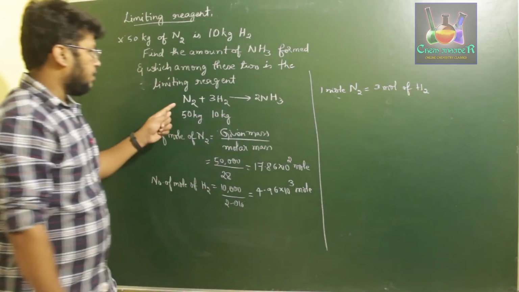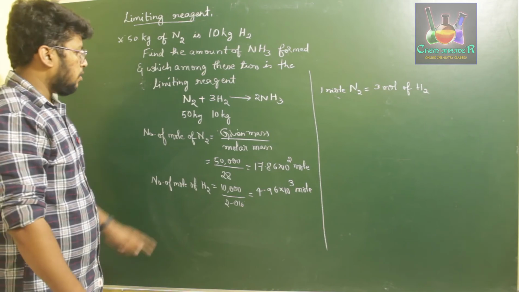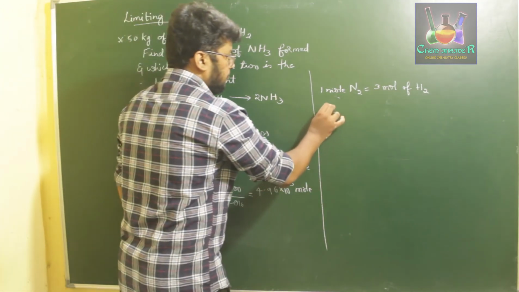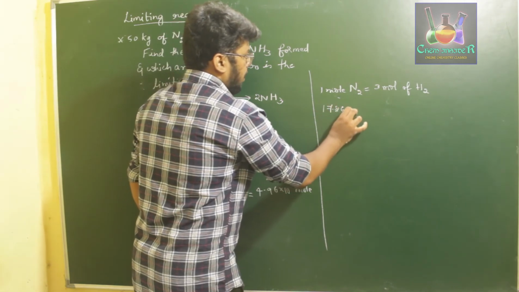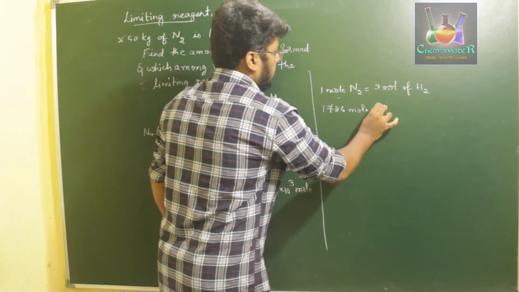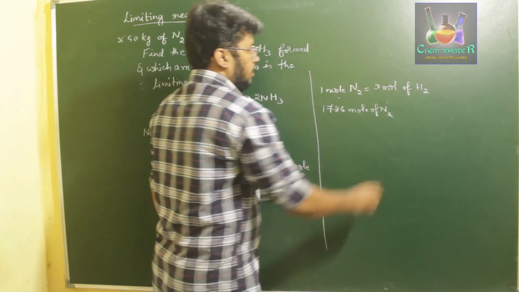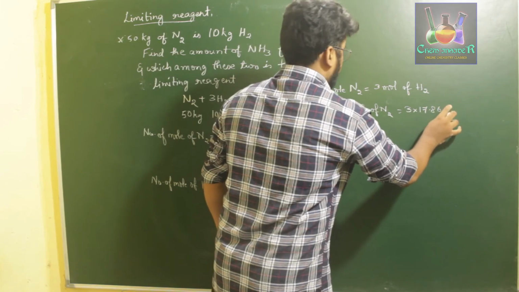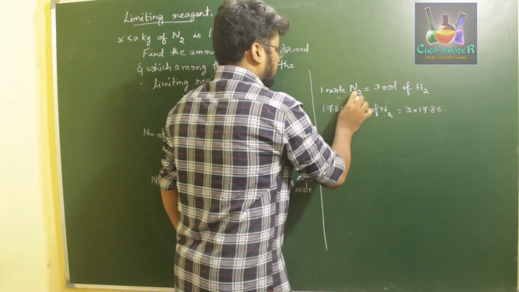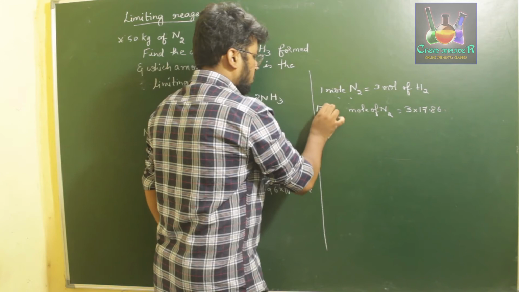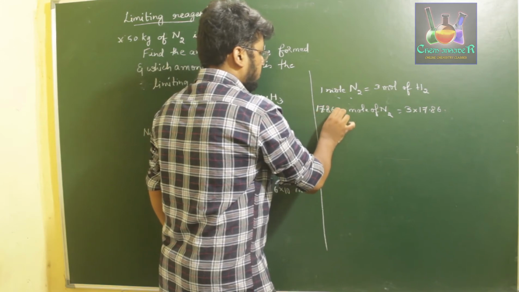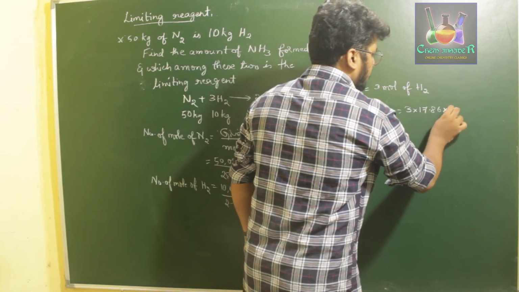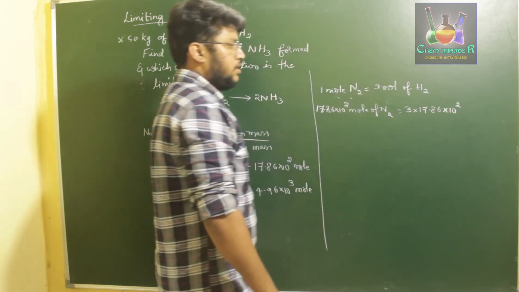So what about 17.86 × 10^2 moles of nitrogen? It requires 3 × 17.86 × 10^2 moles of hydrogen.